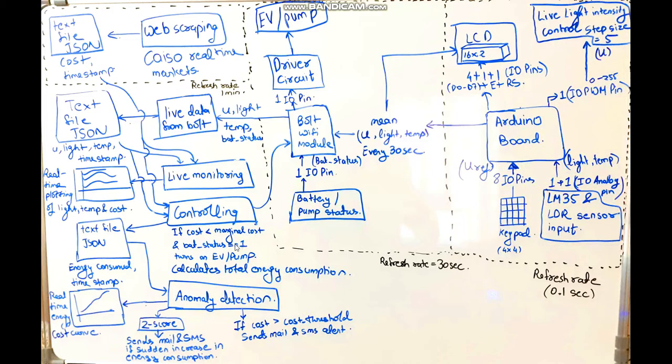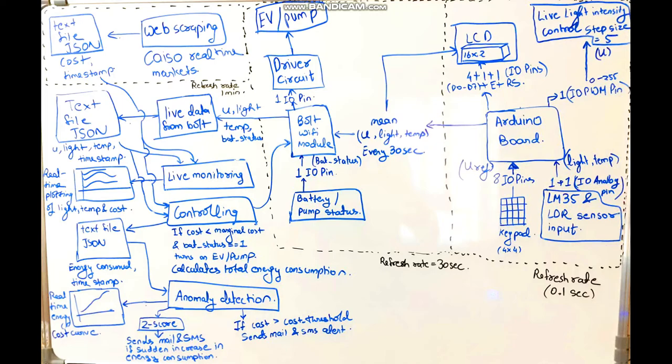If the cost of electricity is low and I charge my electric vehicle at that point, or if the cost is low and I want to fill my overhead water tank, then it would be much more cost efficient to charge my battery or turn on my water pump.